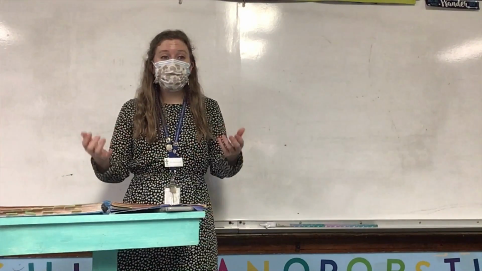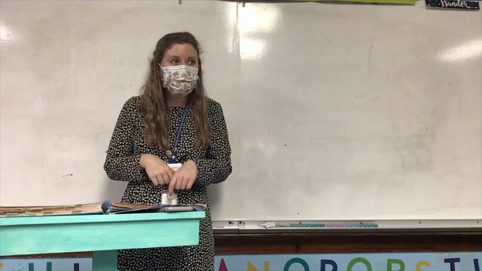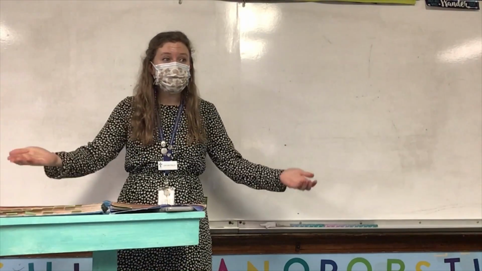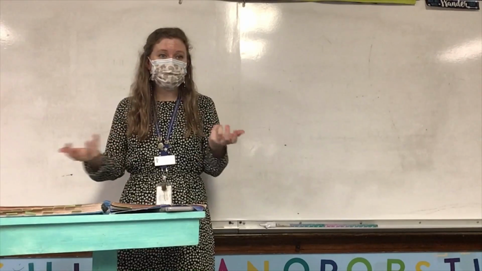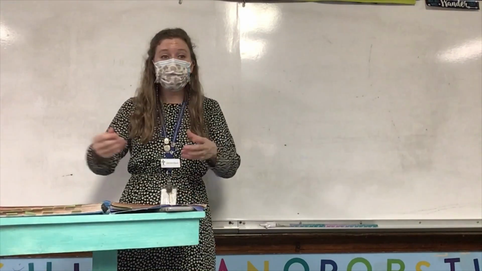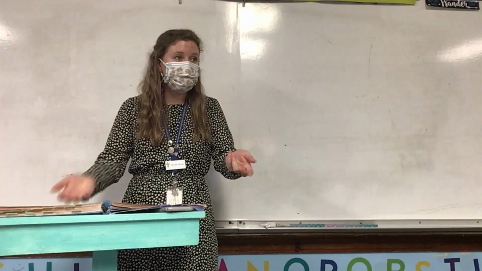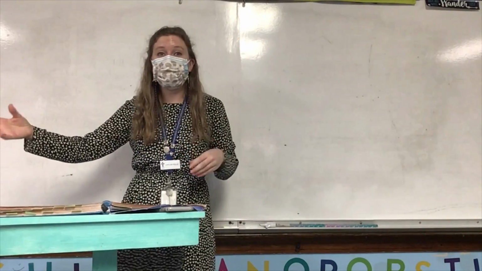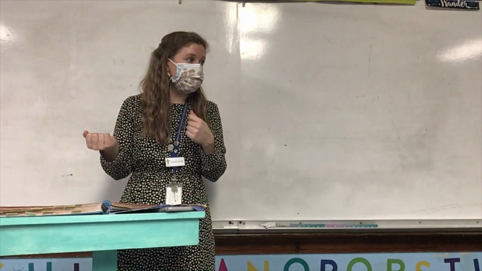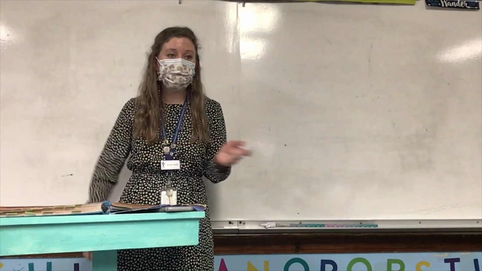And the things that you buy don't necessarily just come from the United States. They come from all over the world. So you and your parents are global buyers. So you are part of this global economy. You and your money and your parents' money is going towards somebody being able to raise their family in a whole other country, all the way on the other side of the world.